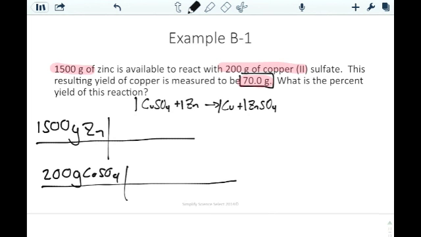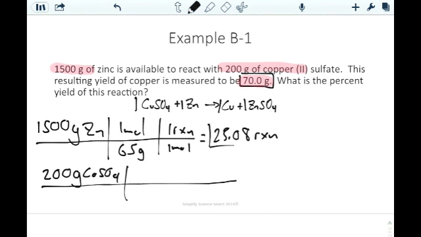So zinc is 65 grams per 1 mole, and in one reaction we have 1 mole of zinc. So we go ahead and multiply and divide, and we get 23.08 in a reaction.